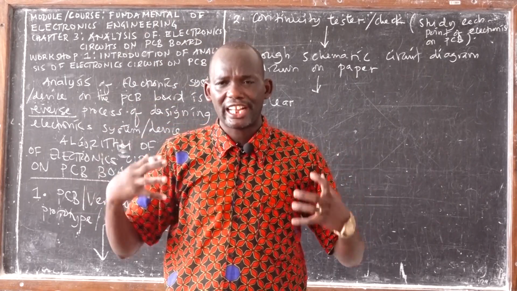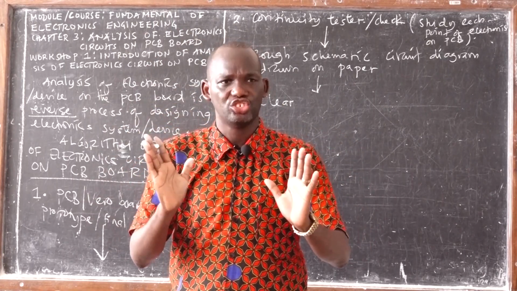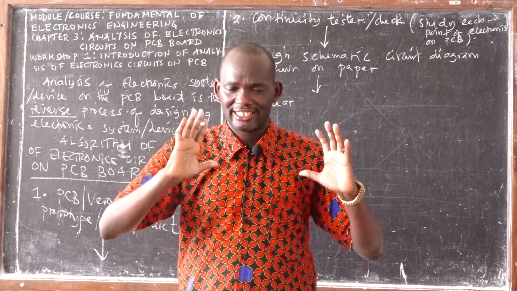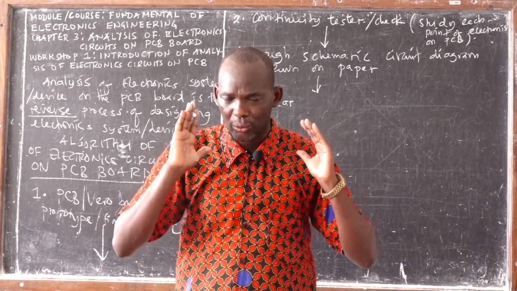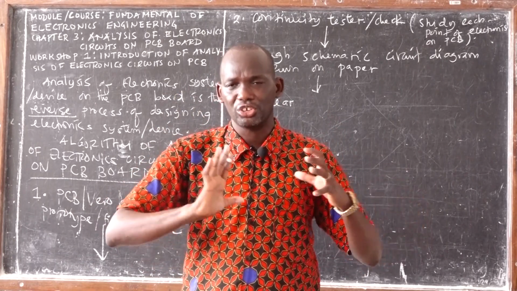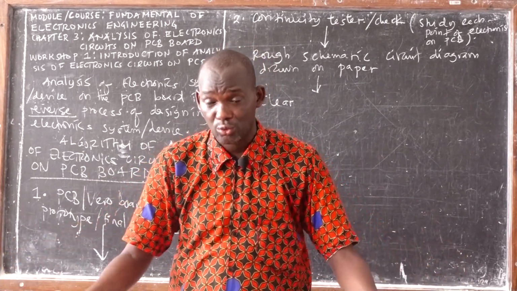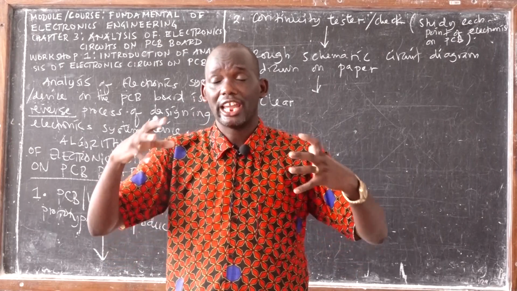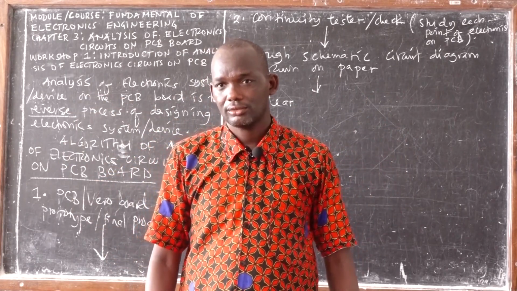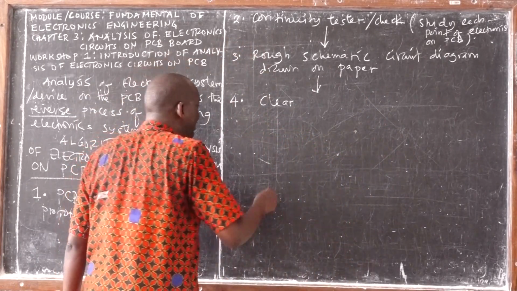So when you come up with a clear one, now you have to think and rearrange electronic components in a systematic order, in such a way that if other technicians or engineers restudy your schematic diagrams, they could understand and break it down into the big picture. Are we together?